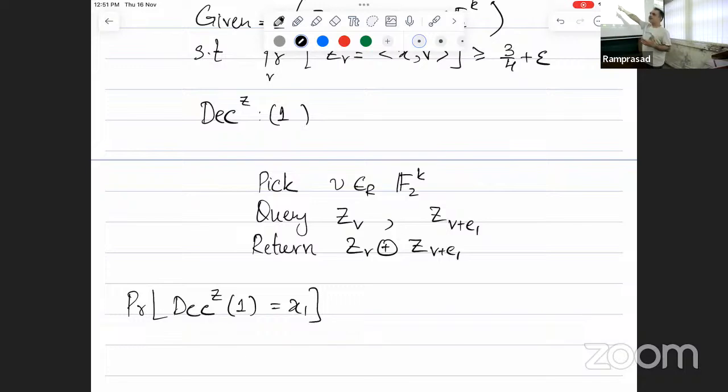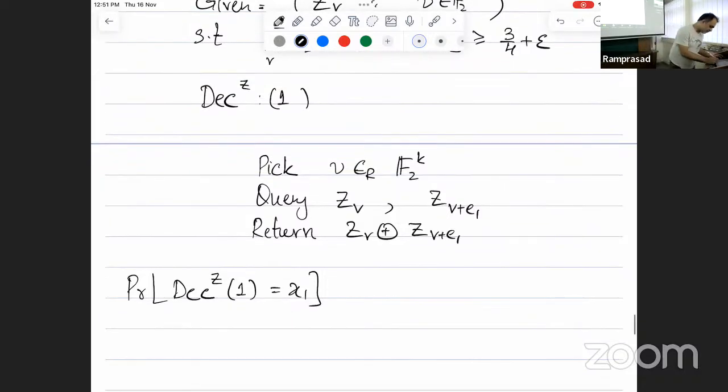If z_v was actually equal to x inner product with v, and if it so happens that z_{v+e1} is also equal to the inner product of x and v plus e1, obviously their XOR is going to be x inner product with e1, which is x_1. So the probability that this was wrong is certainly no more than the chance that one of those two things happened.